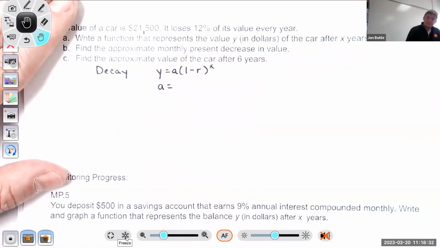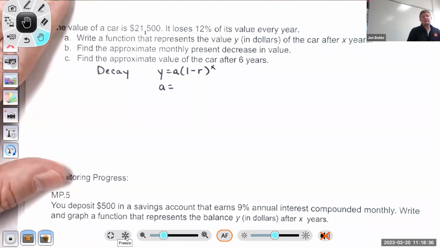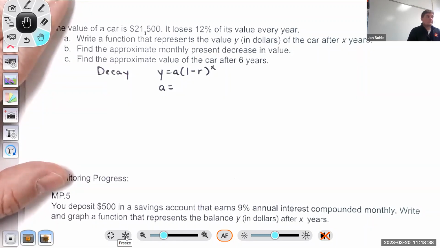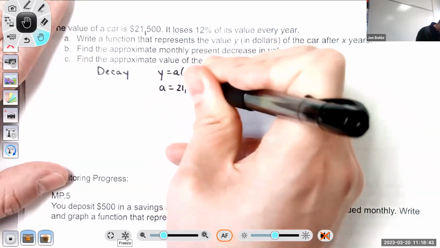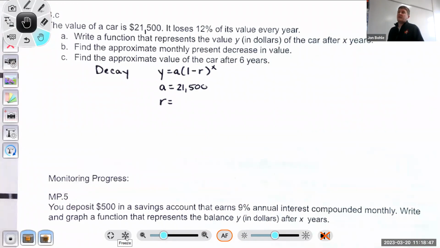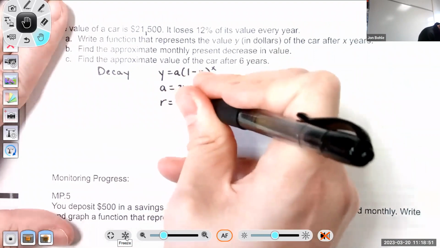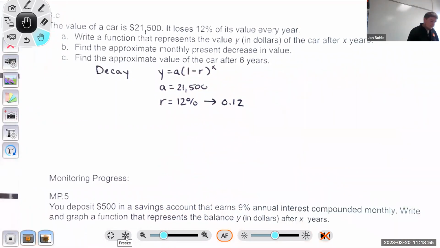What's the A value? How much am I starting at? It's the R value. What's the percent rate I'm losing every year? 12. I need that as a decimal, so 0.12.